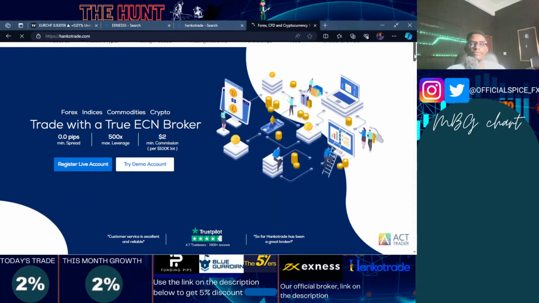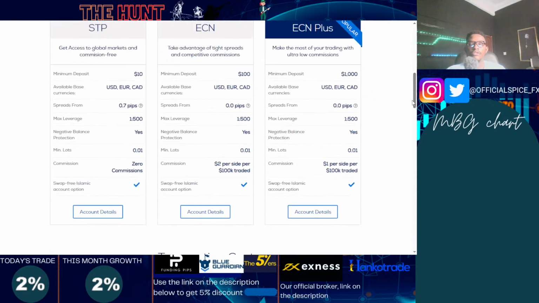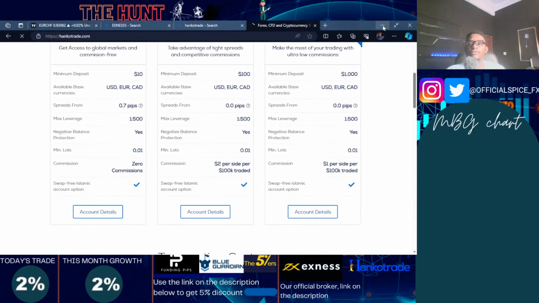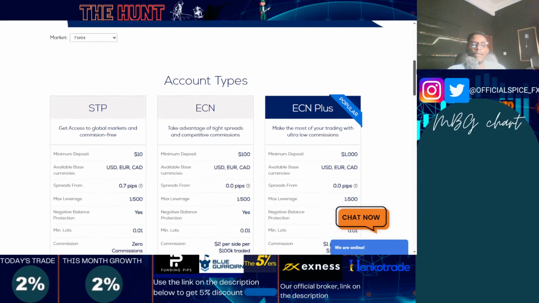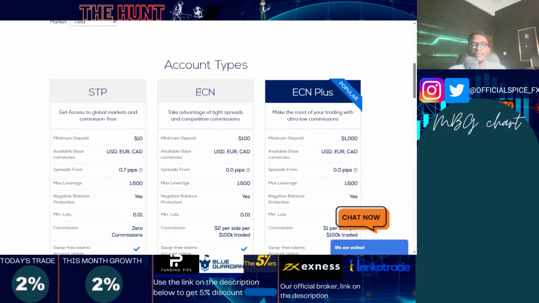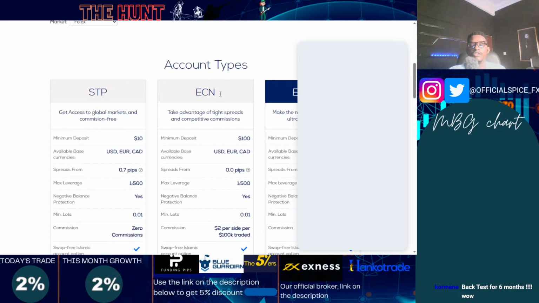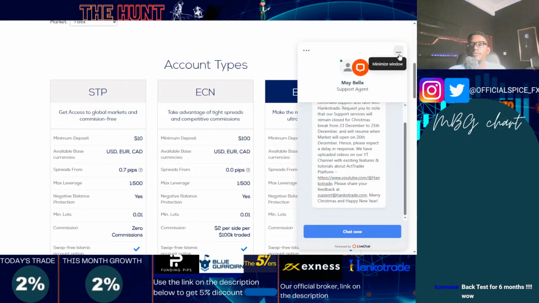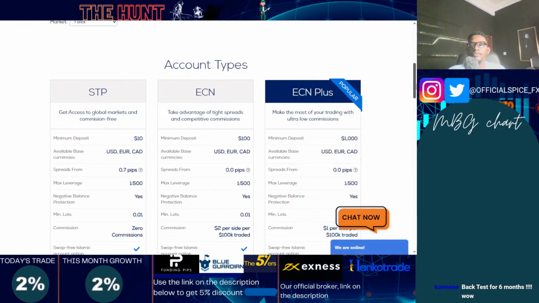Okay, so this is Hankotrade. I don't recommend this STP, but you can choose between ECN and ECN Plus.